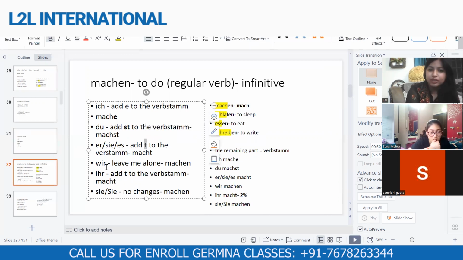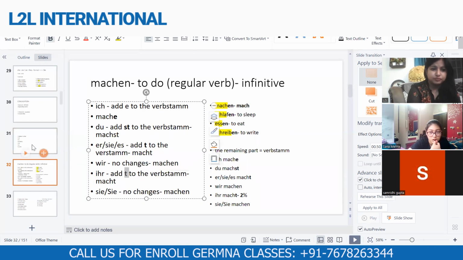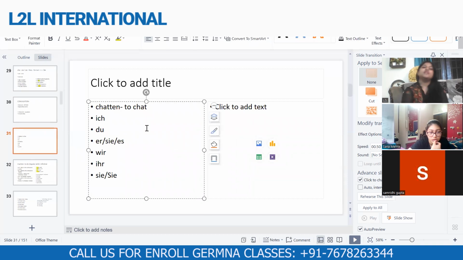With wir, no change, so it will remain the same as machen. With ihr, again add t to the verb stem. And with sie and Sie, no change.